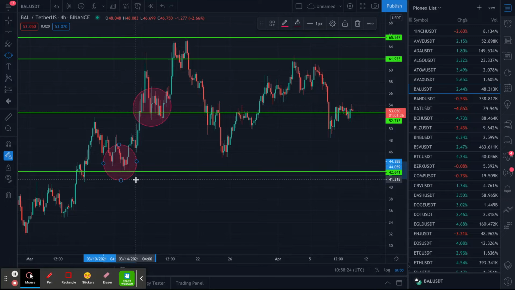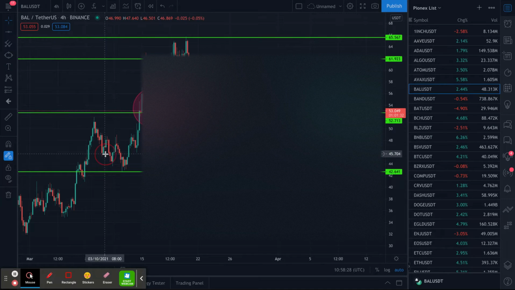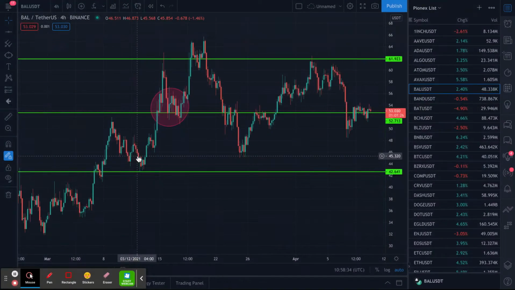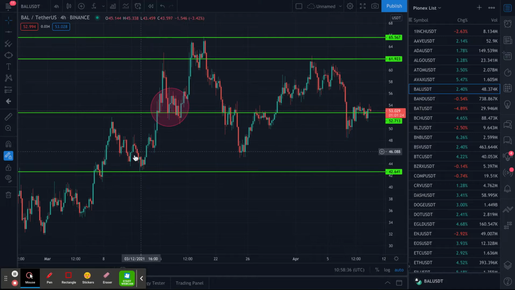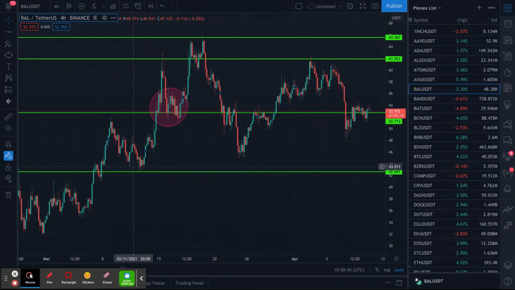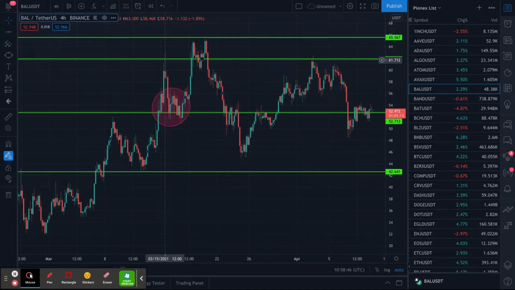I don't want that circle there. So starting right here. It hit and it went up. It hit right here, came back down.